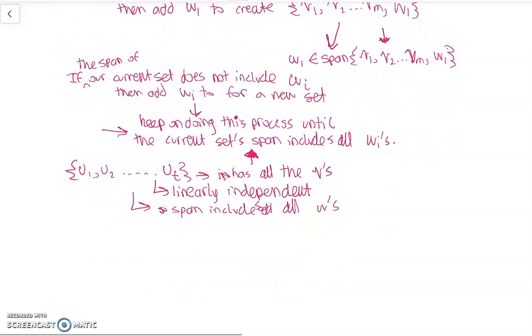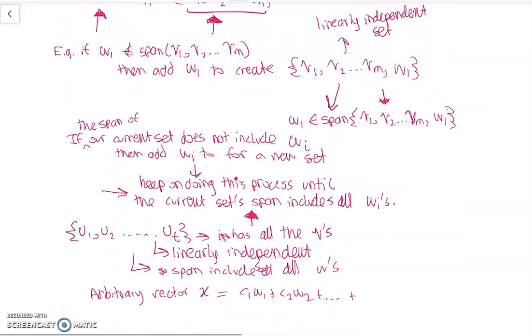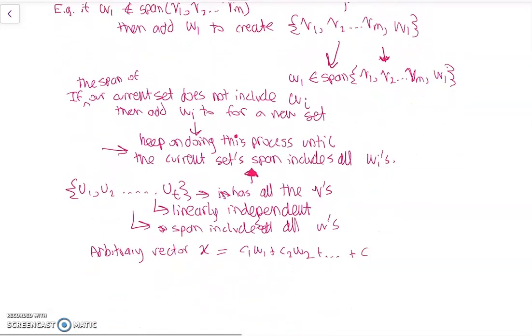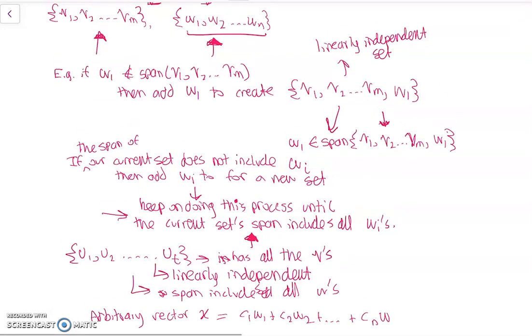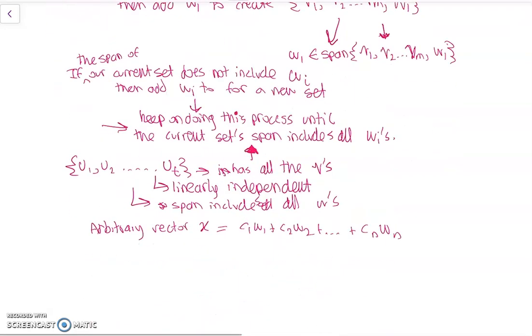Now what we can do is, let's say we have an arbitrary vector x. Any arbitrary vector x in the vector space can be written as a linear combination of the w's. Let's say the linear combination is c1w1 plus c2w2 plus ... plus cnwn.